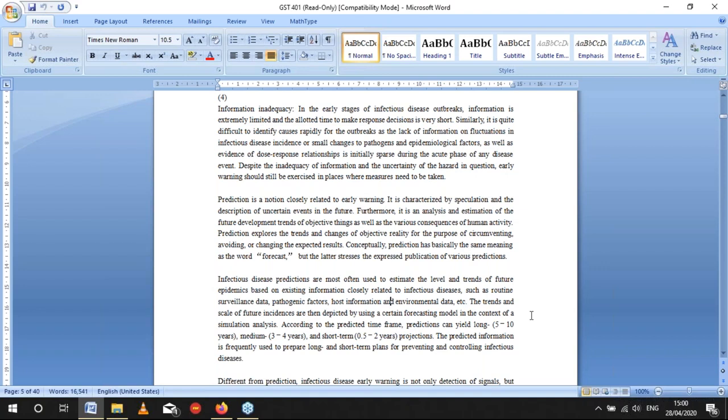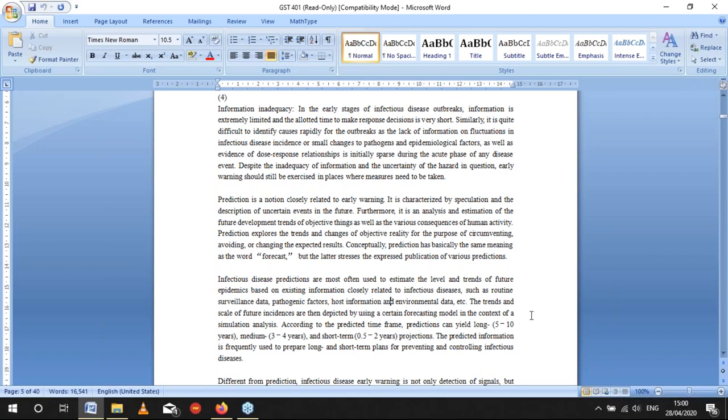I repeat, early warning emphasizes detection of ongoing events and issues warning messages, while prediction describes events that are yet to occur. Okay.